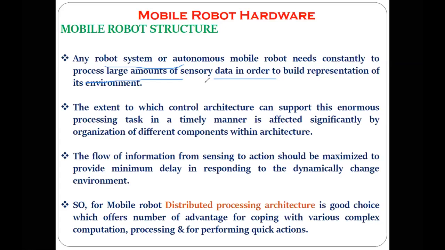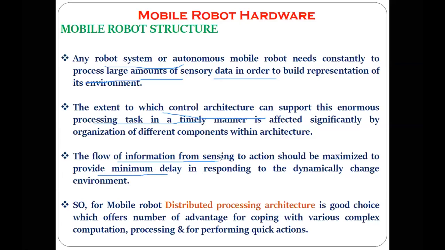So because of that, we need to select a kind of control architecture which will support these processing tasks in a timely manner. That is the reason those who design the architecture of the robot select an architecture with which minimum delay occurs.